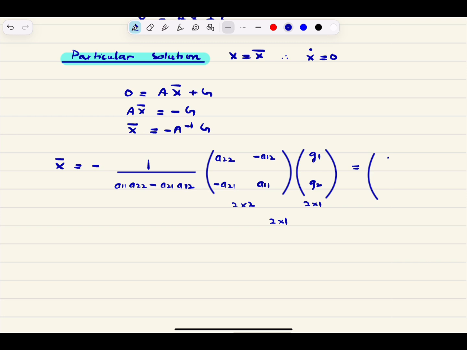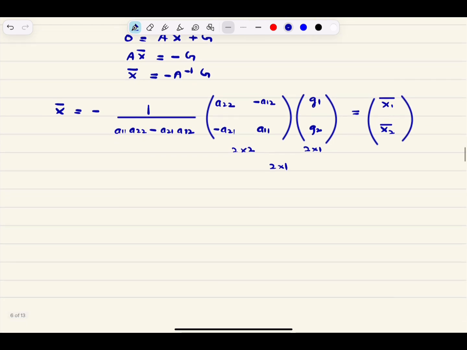We can call this x1 bar, x2 bar, whatever the answer comes to. These are constant solutions. Therefore, we say that the particular solution is the constant solution x1 bar, x2 bar. So we're done now with the first part.